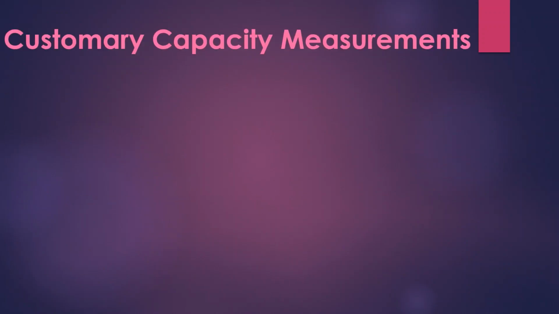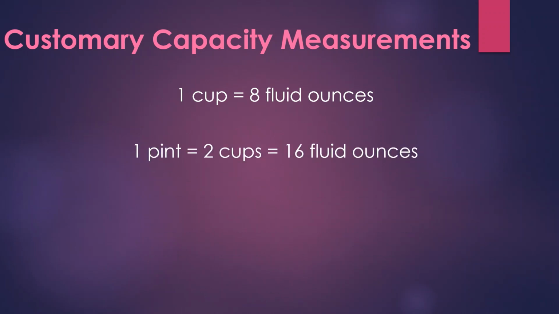That big G is definitely helpful, but let's talk a little bit about the math. And let's look specifically at our customary capacity measurements. First, let's look at the cup. We know that 1 cup equals 8 fluid ounces. Our next unit is the pint.